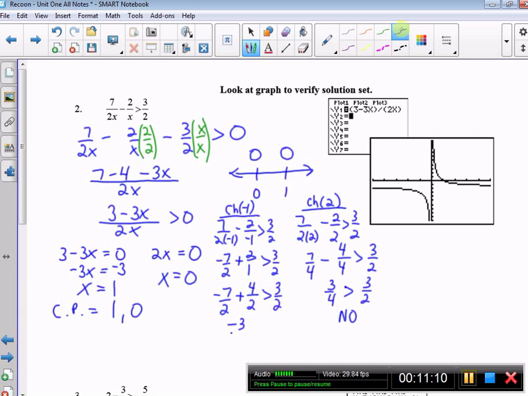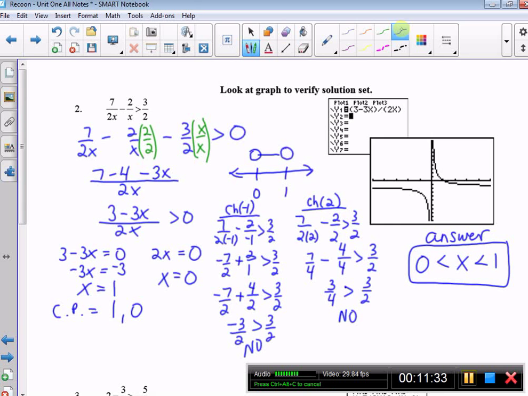And that's negative 3 over 2. Is that greater than 3 over 2? No. So it is an and. And the answer then is 0 is less than x is less than 1.